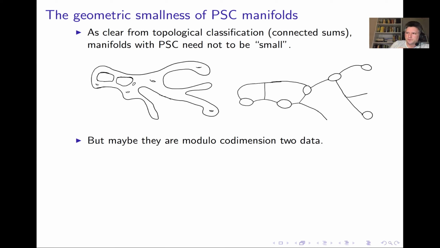But if you look at the connected sum construction, you have a cylinder, and that cylinder can be long, but it cannot be very fat, right? So maybe modulo codimension 2 data, these guys have to be small.